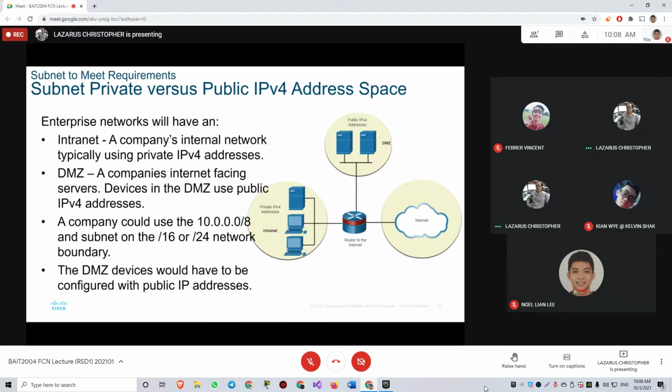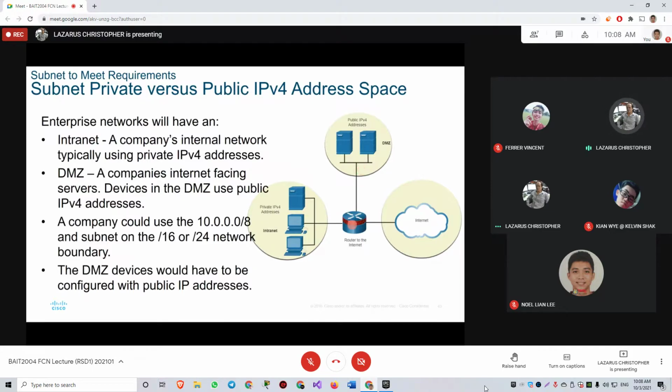Now, sometimes in your organization, even though you want to keep some or most of your network private, which means the public cannot access it, you also might want to share, especially if you have a website or some services that you allow the public to view.